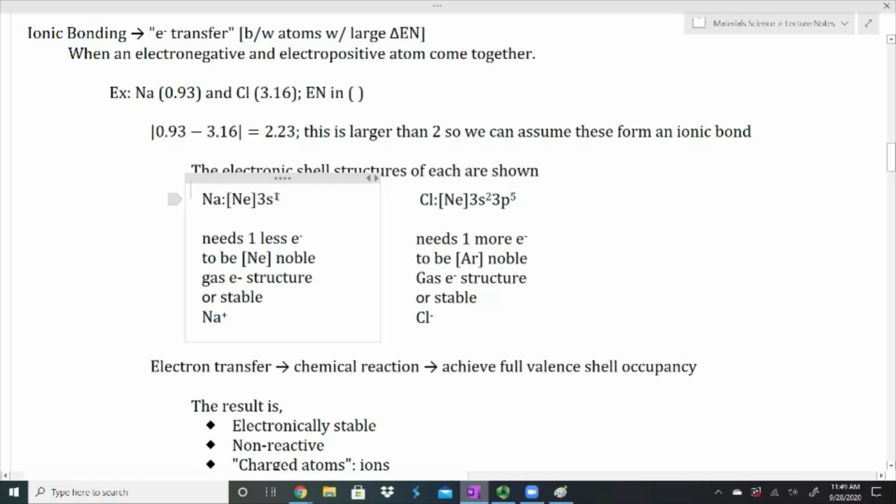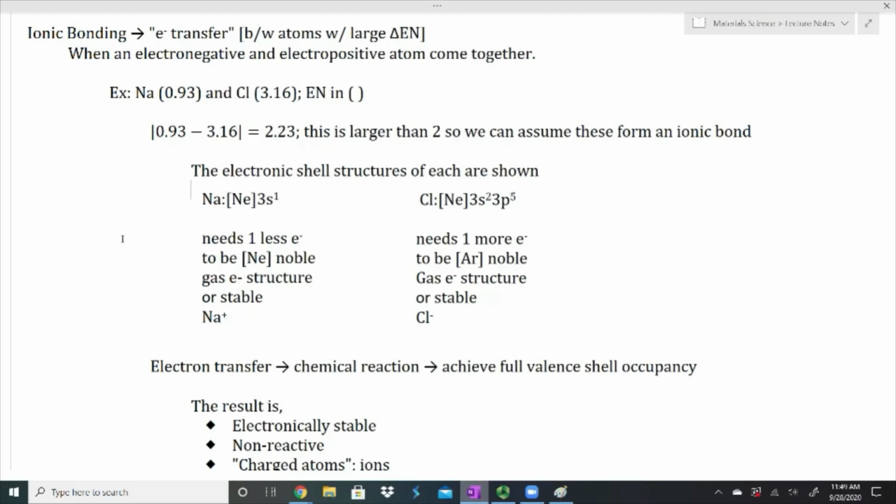That's what this 1 means here. So really, for this to become a stable atom, what it really wants is one less electron. To be stable, we want some type of noble gas electron structure. It wants to have that full valence shell.